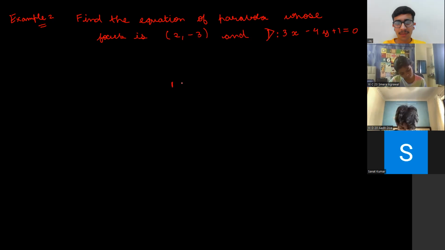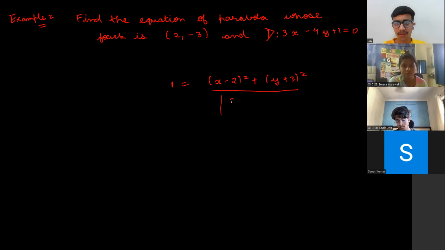So eccentricity is 1. Let's say I take a random point as x comma y. That means square root of x minus 2 the whole square plus y plus 3 the whole square, divided by the distance of this point from the line, that means modulus of 3x minus 4y plus 1 divided by square root of 3 whole square plus minus 4 whole square.